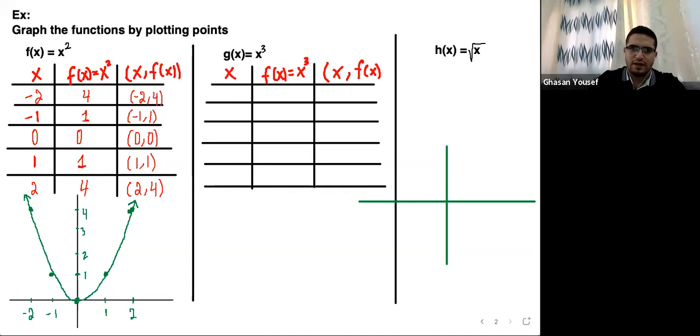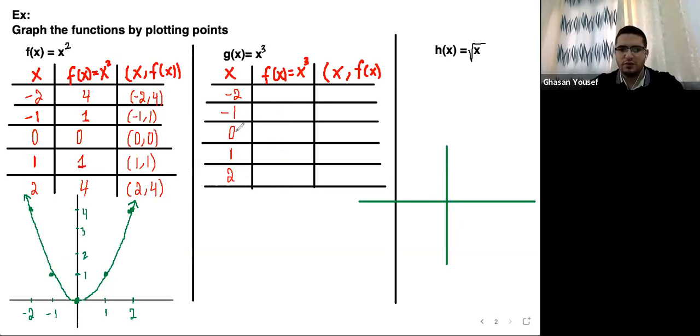Okay, so again, I'm going to choose random points starting from 0. This is my 0. And I'm going to use the same points, -1, -2, and also 1 and 2.